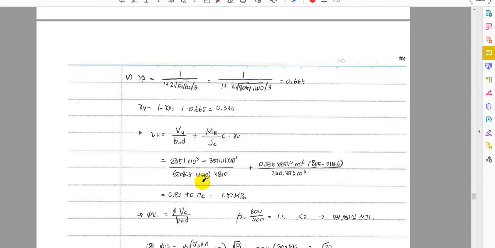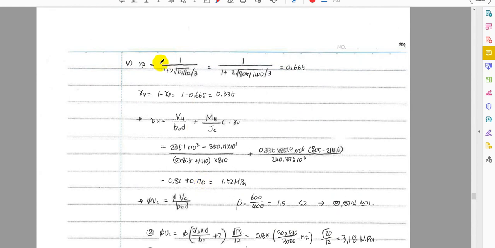Now you're going to calculate one more thing, which is gamma f. The gamma f is the portion of the moment that must be resisted by the flexure. Okay, this is a percentage. And b1 and b2 are the dimensions of the column depending on the axis of moment.